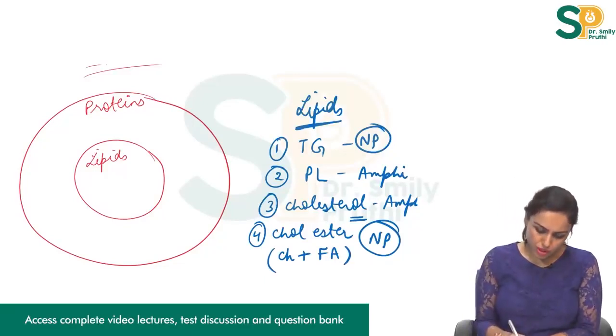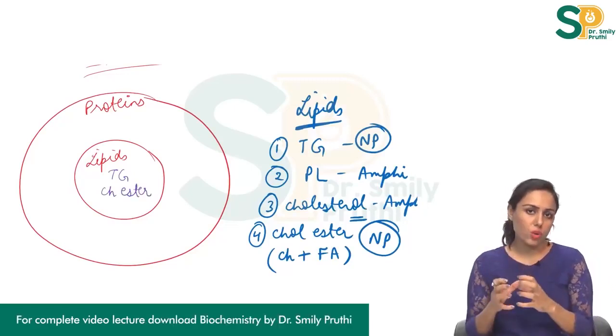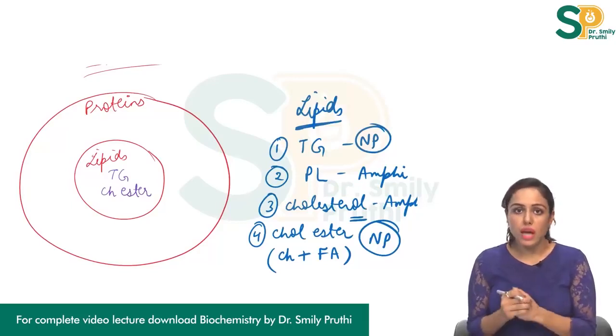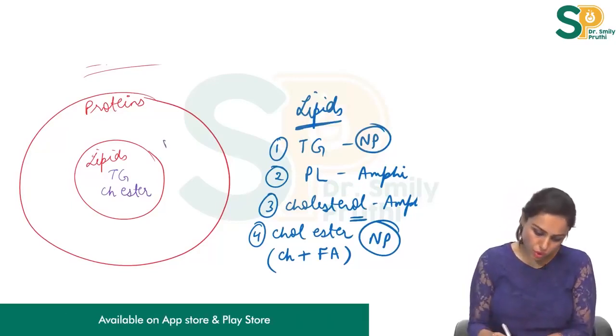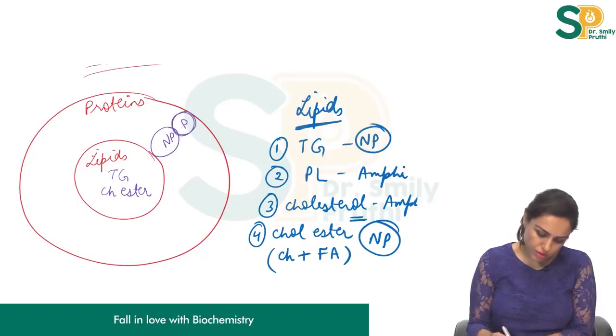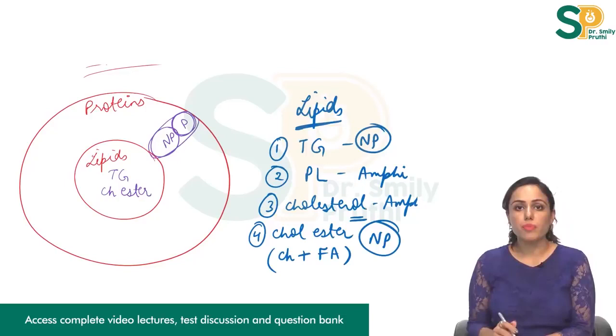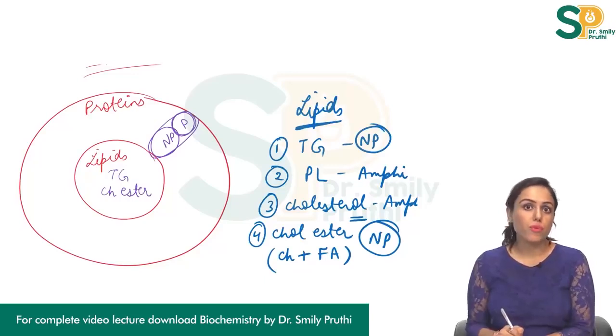Totally non-polar lipids, that is triglyceride and cholesterol ester, are totally hidden in the core. But if some lipid is amphipathic, its non-polar portion will be towards inside and its polar portion towards outside. The two amphipathic lipids present are cholesterol and phospholipid.